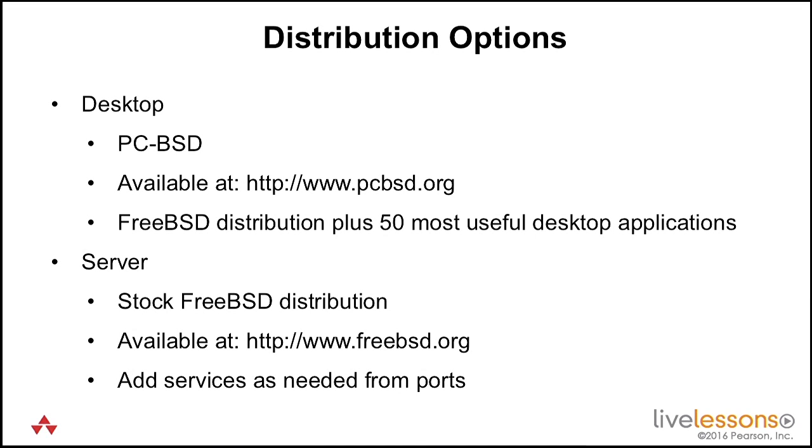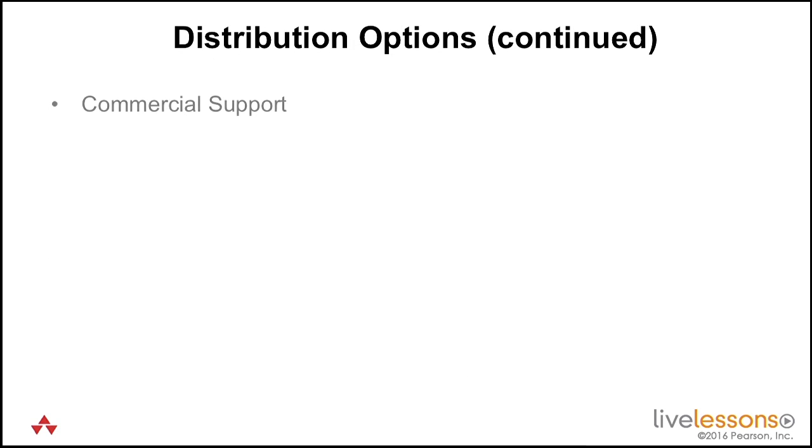Then beyond that base distribution, you just pull in from ports the things you need. So if you need the Apache web server, you can bring that in. If you're doing name server stuff, or you need LDAP or whatever, you can just, again, bring in the bits and pieces that you need from the ports tree.